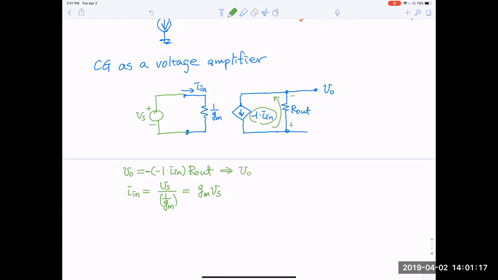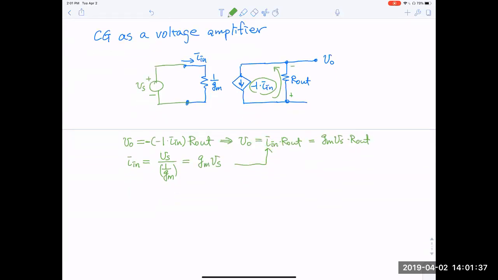VO is equal to, the two minus signs cancel out, simply I in times R out, and we substitute I in here. So this is simply equal to Gm Vs times R out, okay? So the voltage gain, AV, is equal to VO divided by Vs, and this is simply equal to Gm R out, okay?